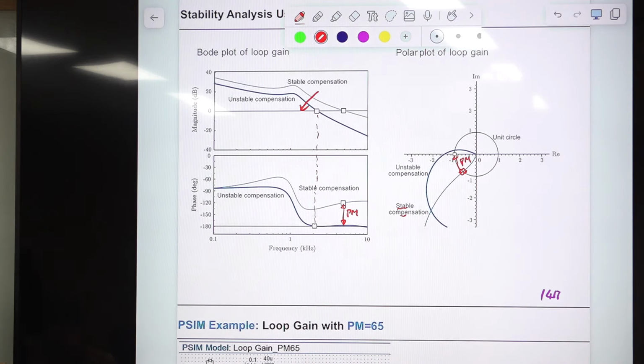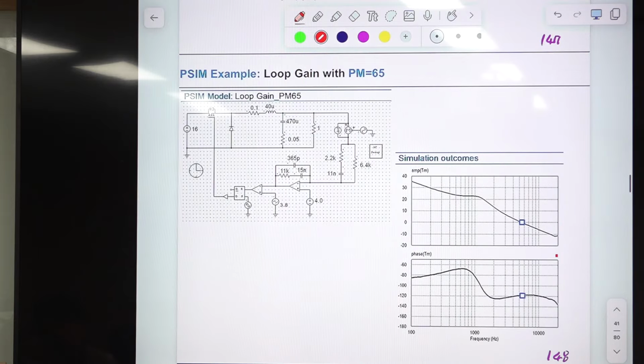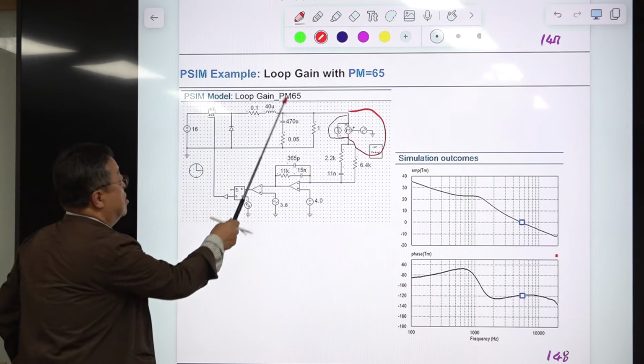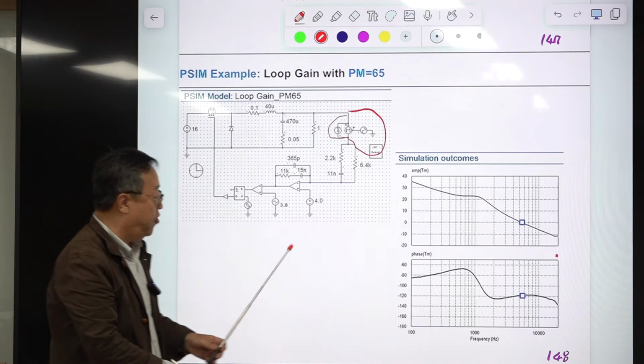All right, let me finish this. So this is an example of PCM simulation. This is the AC injection, and this is the parameter set for this 65 degree phase margin.